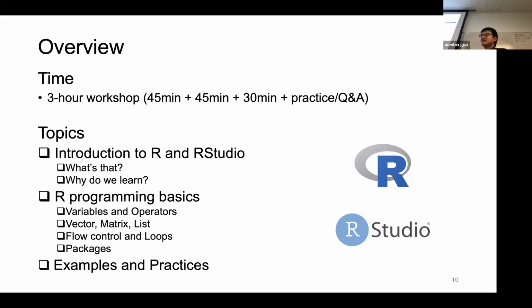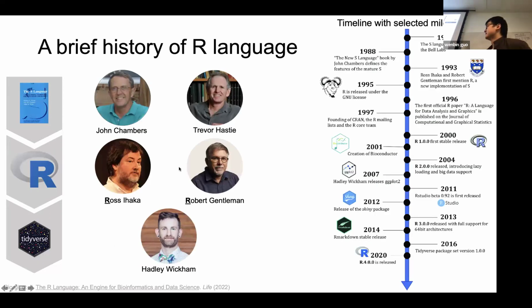I think Isaac Newton said such things before. We are also going to see some examples and do some practice. Hopefully, from the day one workshop, you learn some practical skills and can use them in your later research or your later life.